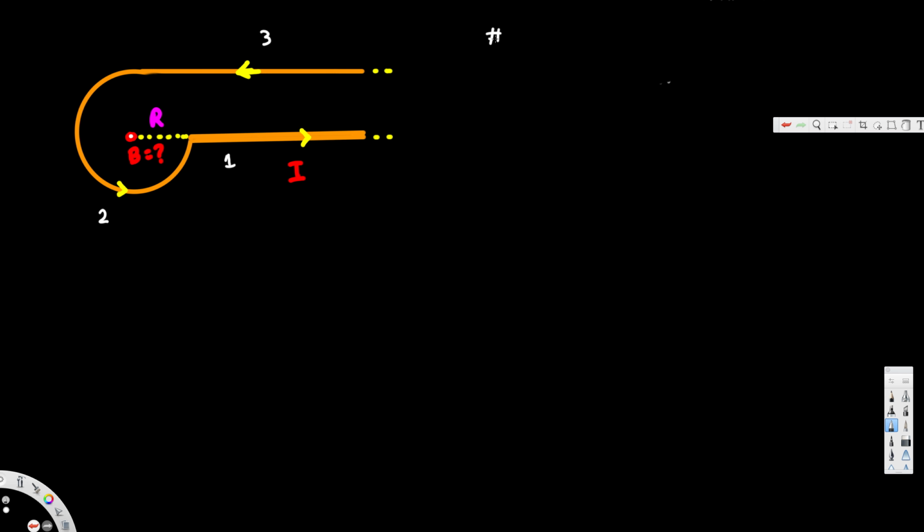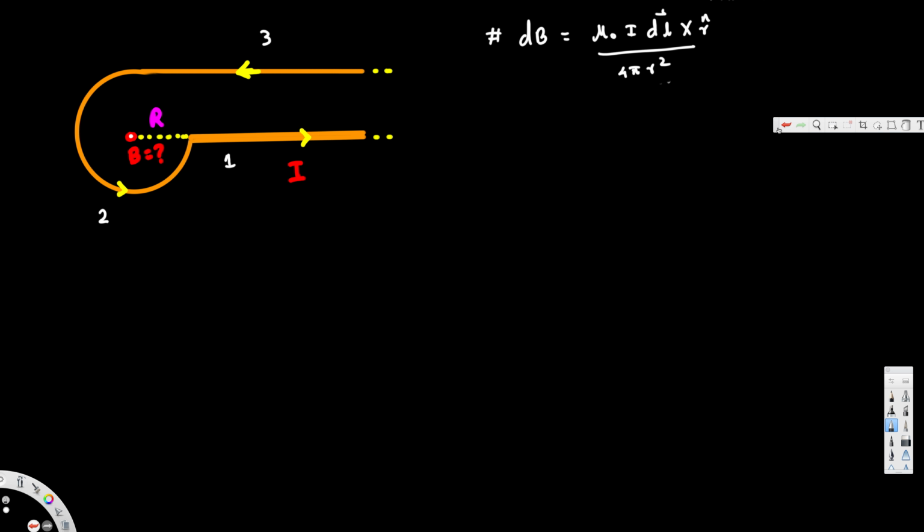If you take the first part, this is going to be just the line, and here we can use the Biot Savart law. Biot Savart law says that dB, the small segment of the magnetic field caused by this current wire, is equivalent to mu naught I dl cross r vector divided by 4 pi r square.